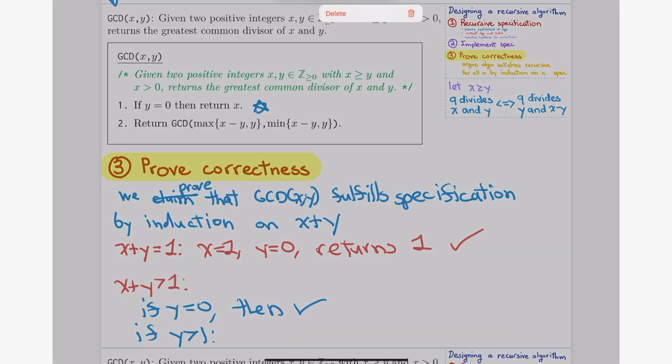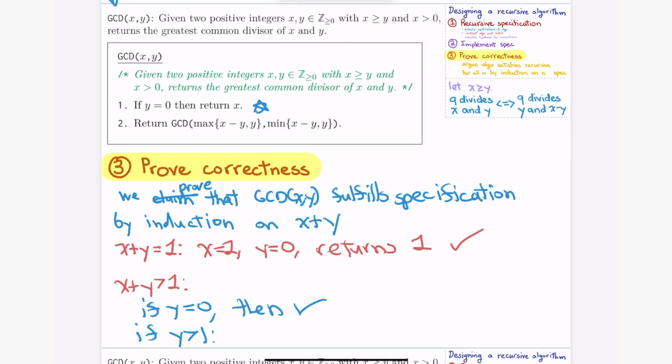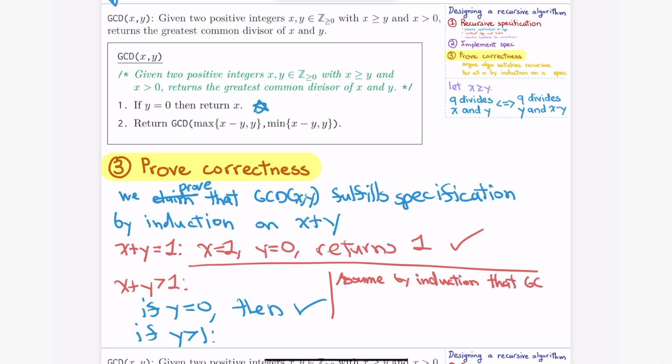But here we can say, let me draw this line, we can assume by induction that GCD(x, y) is correct for all x plus y less than n.